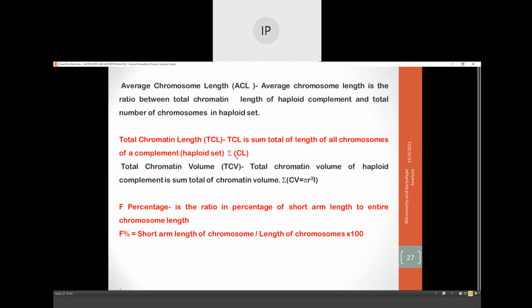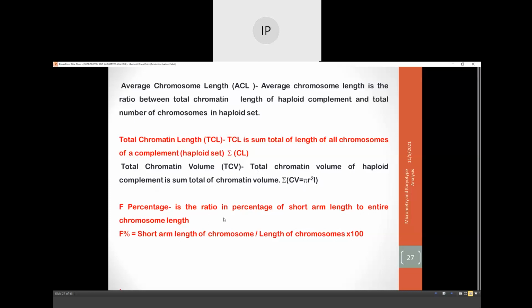Total chromatin length, TCL, is the sum total of length of all chromosomes of a complement of haploid set, summation of chromosome length. Total chromatin volume, TCV, of haploid complement is the sum total of chromatin volume, which can be calculated as pi r square L, chromatin volume, that is summed up.